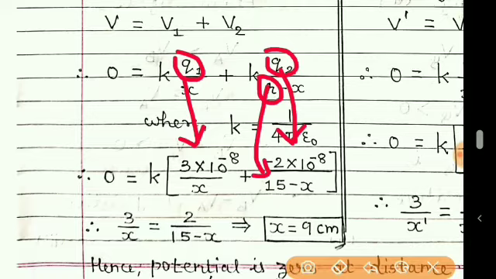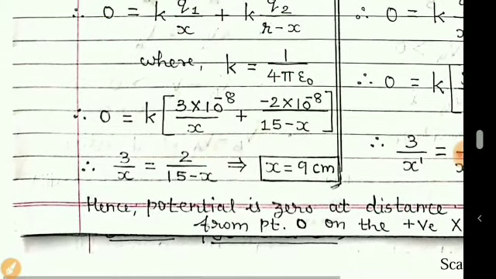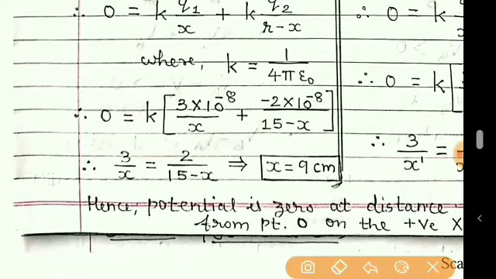Now after putting these values, and also the resultant potential is 0, so we have kept V equal to 0 at point P. After putting these values and calculating, we'll get the answer x is equal to 9 centimeter.